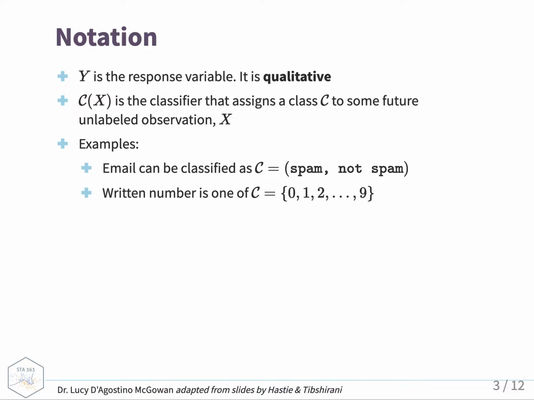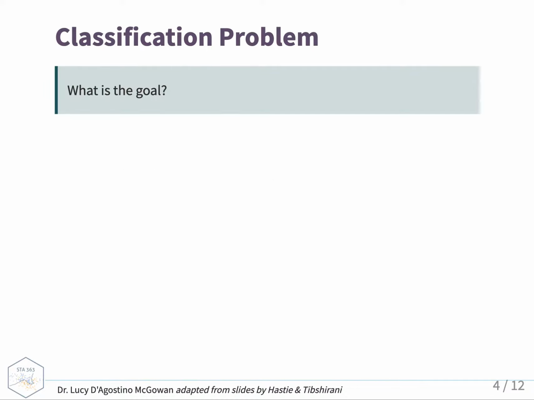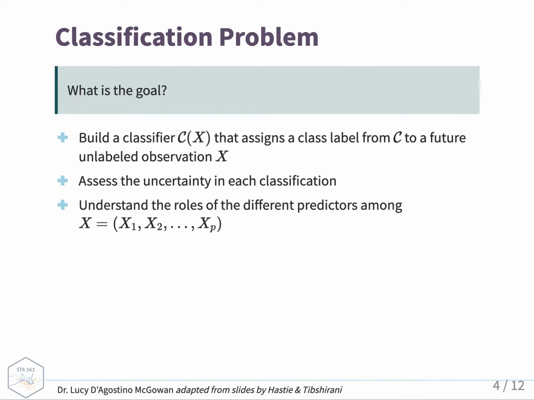Some examples: an email can be classified as spam or not spam, or a written number could be one of 0, 1, 2, all the way up to 9, like in that zip code example. So what is the goal here?